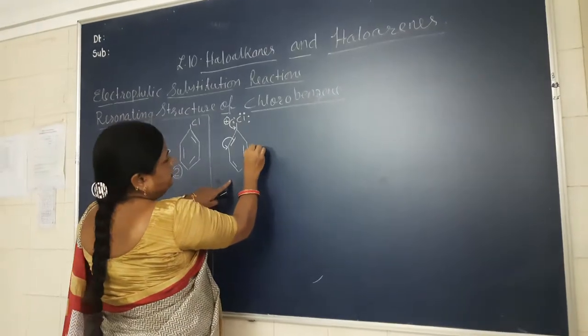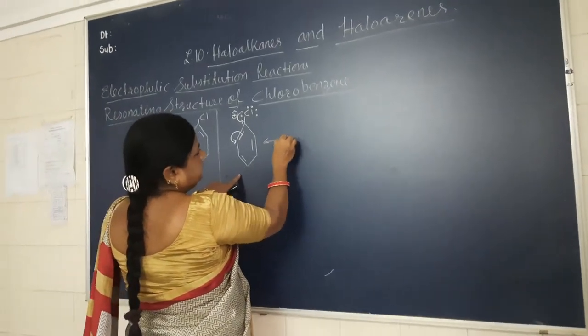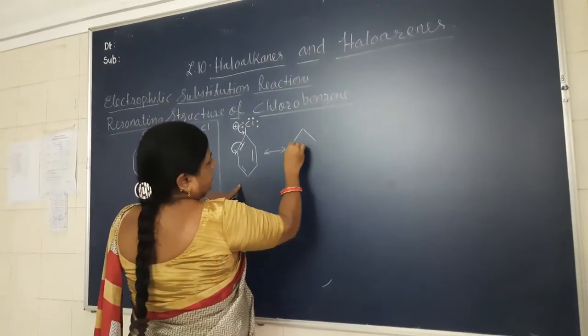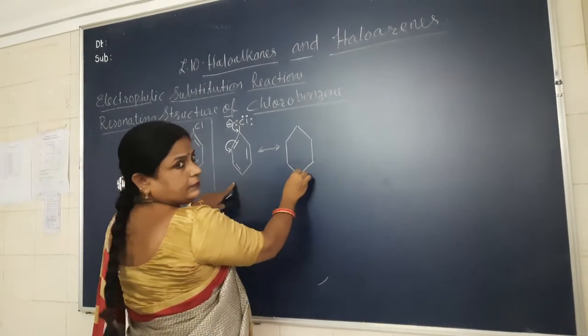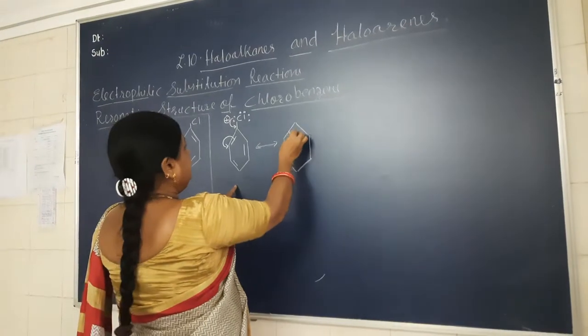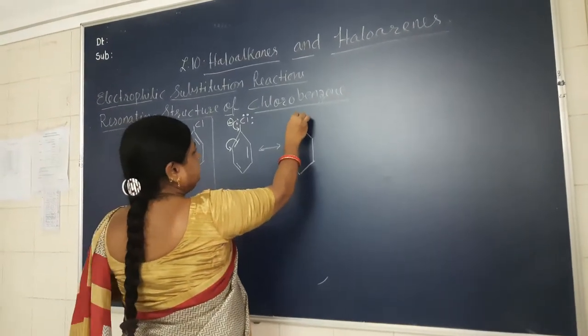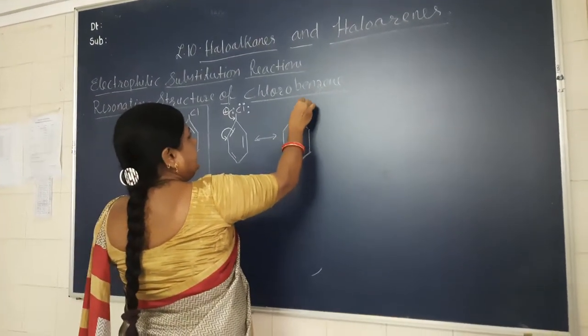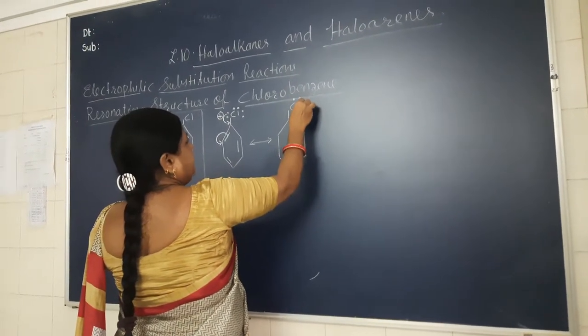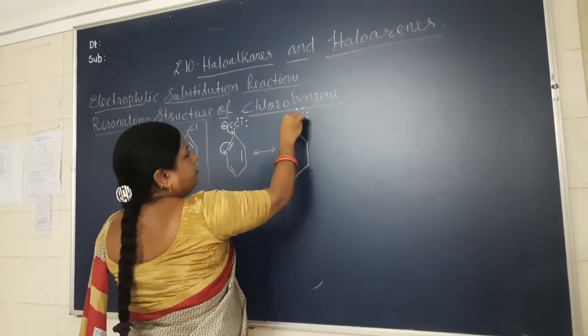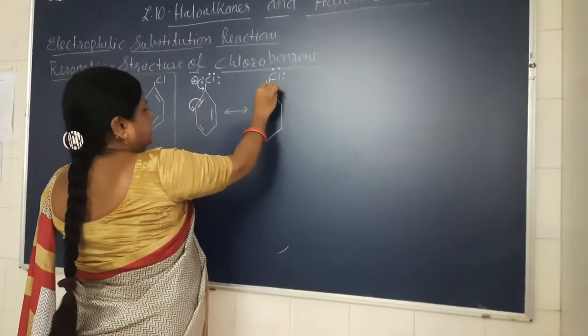Then the next step. Next it is Cl, 1 electron, 2 electron, 3 electron, 4 electron. When the electrons have moved to this side, it will be like this.